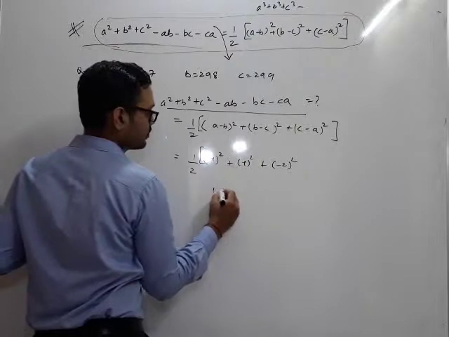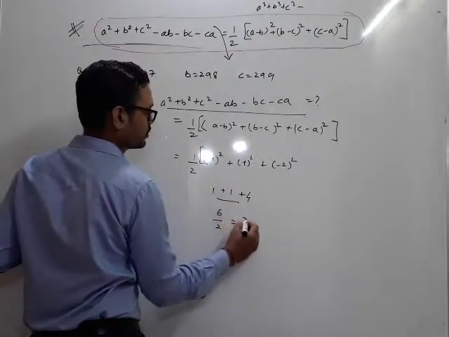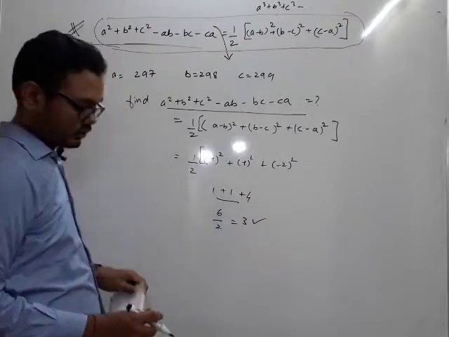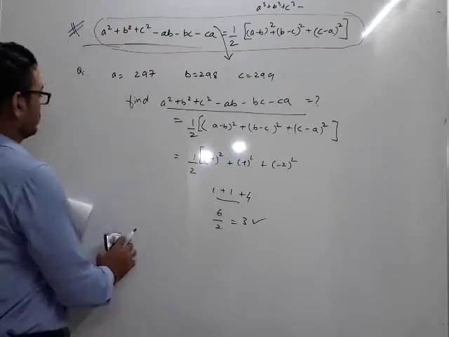So it's 1 plus 1 plus 4, which is 6 by 2, which is 3. So 3 is your answer. Straightforward, no rocket science. Let's move on to the next one.